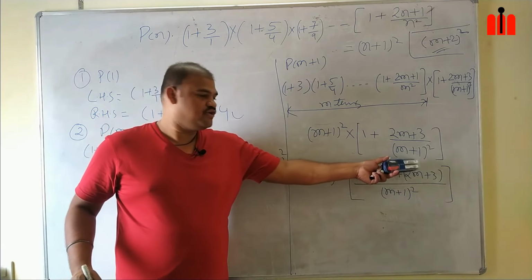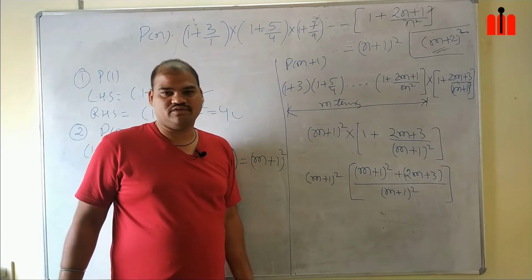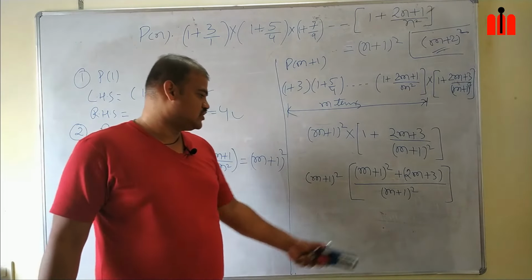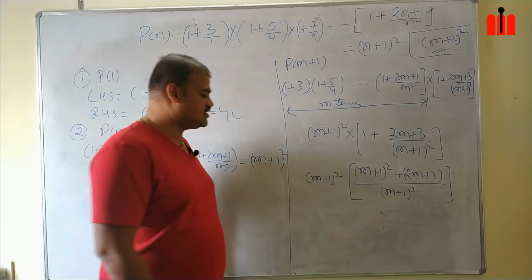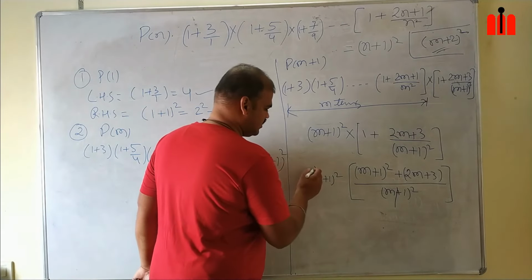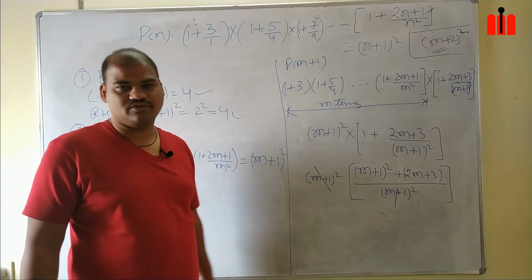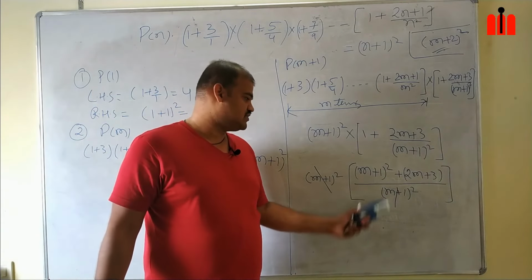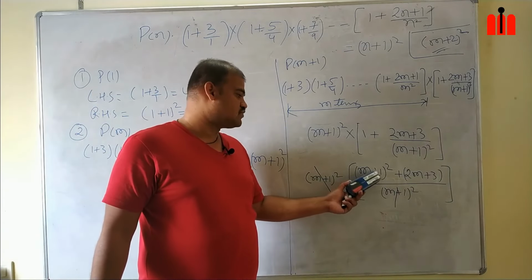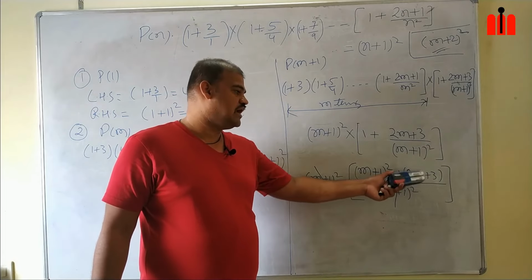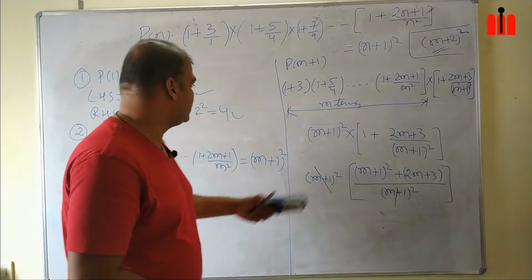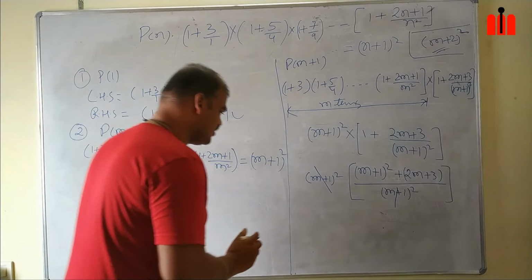So what we have done is taken the LCM of m plus 1 whole square. This m plus 1 whole square and this m plus 1 whole square will be cancelled. So this m plus 1 whole square will be m square plus 2m plus 1, and it will be plus 2m plus 3. So let's write it down.